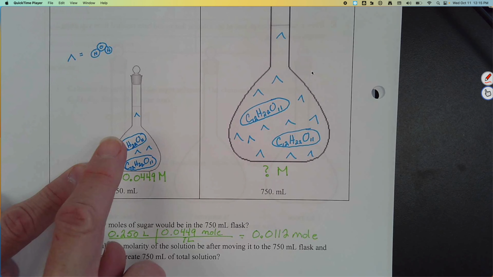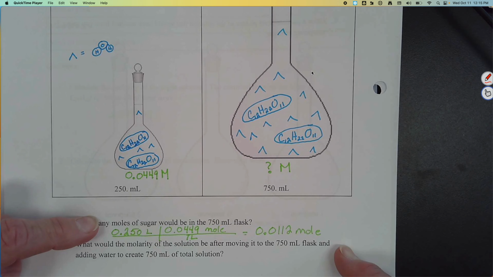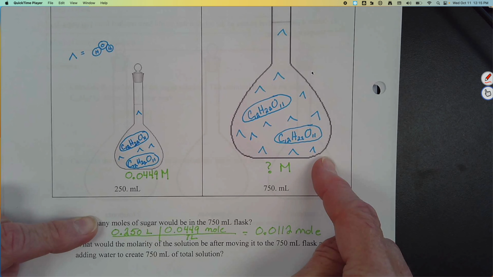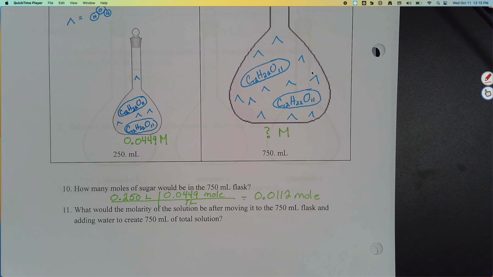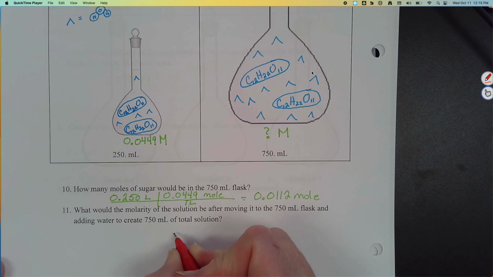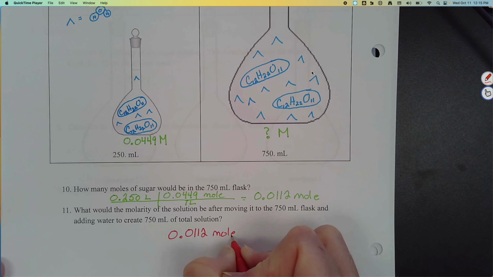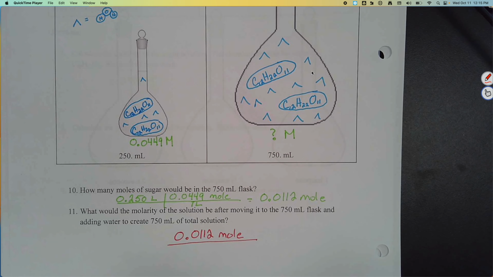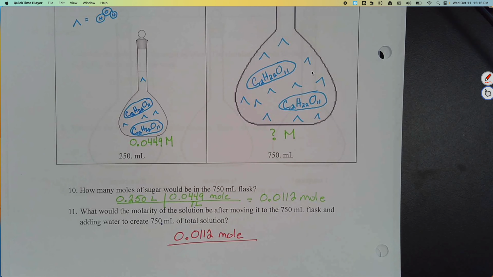But since we picked this up and poured it into the bigger one, the only sugar that's in the bigger one is the sugar that was in the littler one. So we moved it all over to here. So in the 750 milliliter flask, we have 0.0112 moles of sugar. And now I ask the question, what would the molarity be after we moved it to the flask and added water to get it up to 750 milliliters? Well, we know how many moles we have.